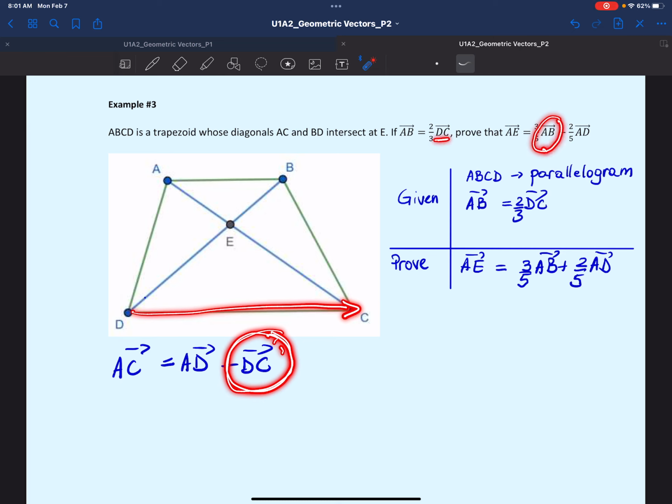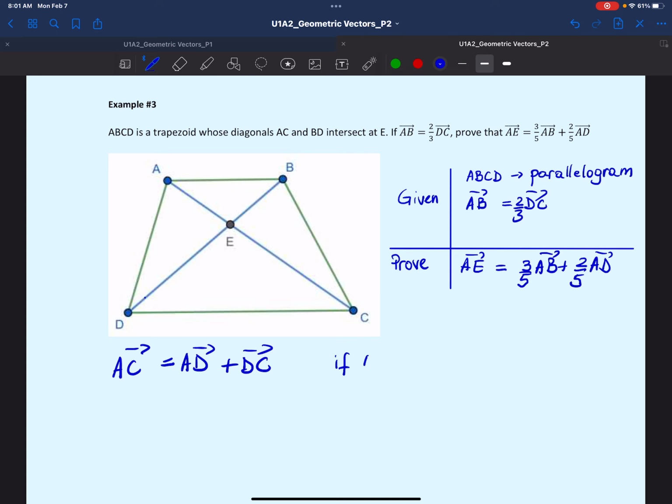And I see that I'm given some information about the connection between DC and AB. If AB equals 2/3 of DC, then we can derive that 3AB equals 2DC. How does that happen?